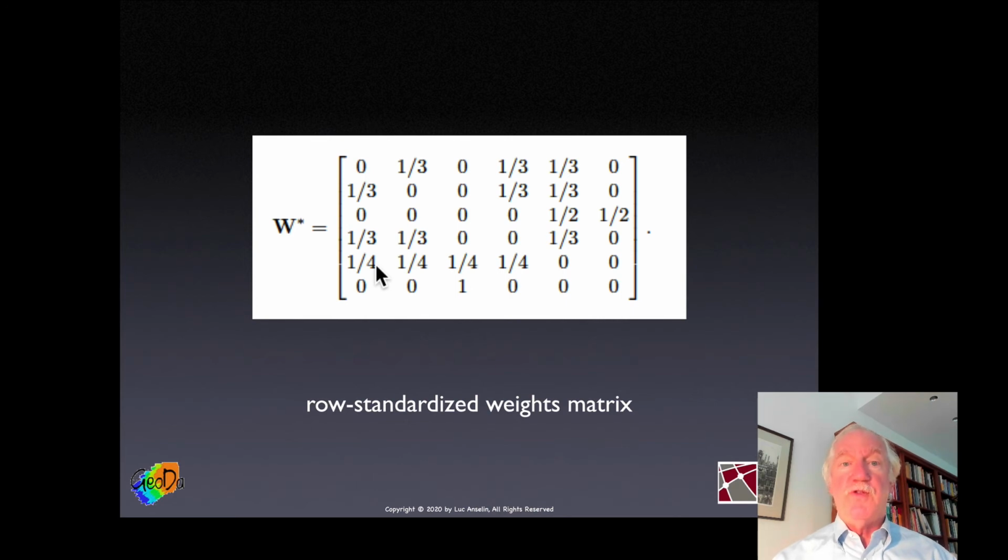So as a result, the sum of all the weights in the weights matrix for a row standardized weights matrix is exactly the number of observations, n. And that will come in handy later on as well.